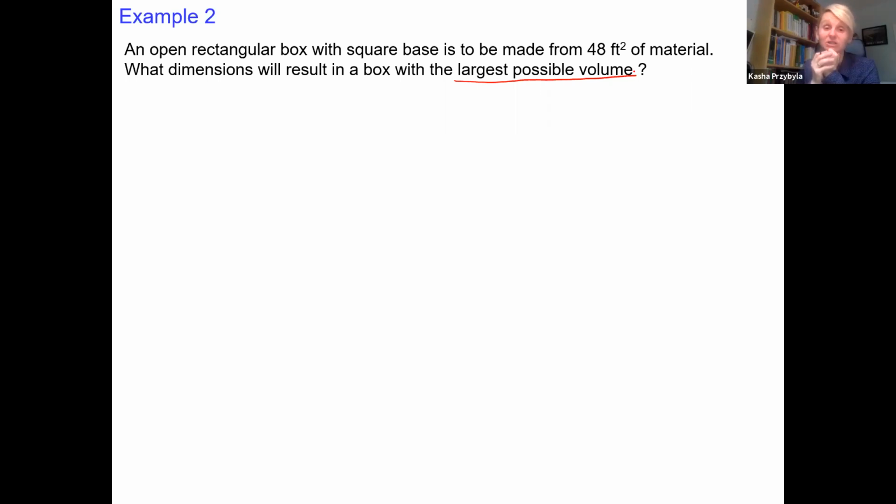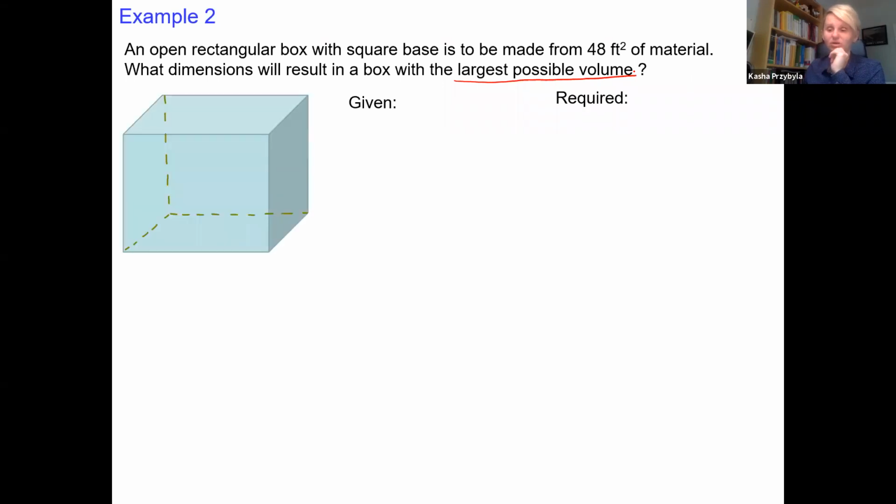And we still have some restriction because we have only 48 square feet of material. The same thing, given, required, and I draw a box, but it doesn't look like a square base, but I will label X and X, and let's say H. That means the bottom is the square, and we don't have to use the material on the top, just open.